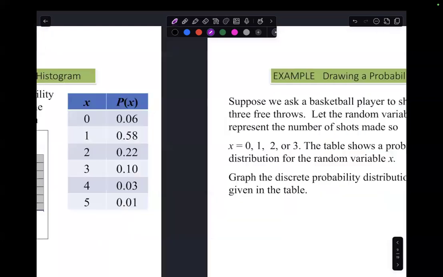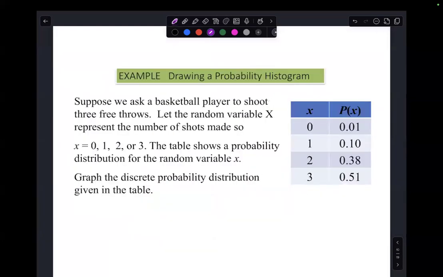All right. So here I have a basketball player who shot a whole bunch of free throws. And the random variable X here, it's supposed to be an uppercase X. I don't know why it's not in there, but you can't really tell the difference between an uppercase and a lowercase anyway.